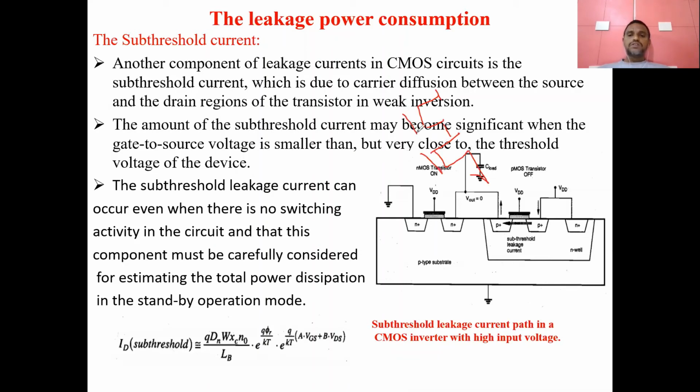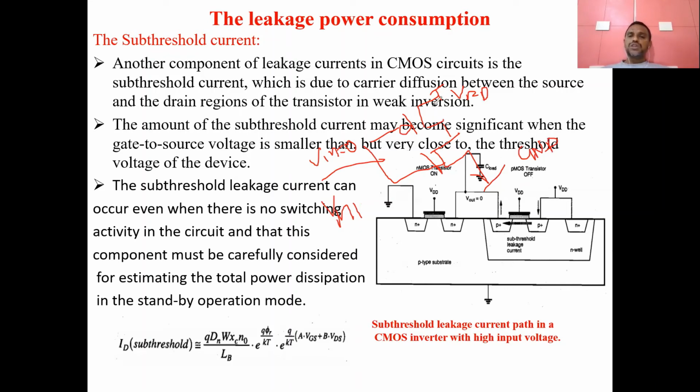This is VDD, and this one is ground. If you apply Vin is equal to 0, the NMOS will be completely off and the PMOS will be on. Whenever Vin is equal to 1, the PMOS goes into the off condition and the NMOS goes into the on condition.